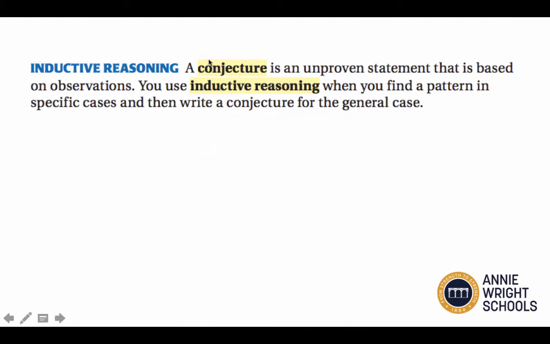So first we come up with some kind of a conjecture. It's an unproven statement based on our observation. And coming up with that conjecture, that's what our answer was for figure 4. We're using inductive reasoning. That's when we look at specific cases and try to come up with a general idea.